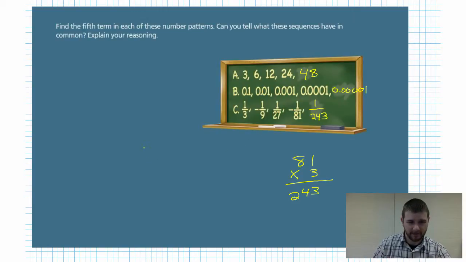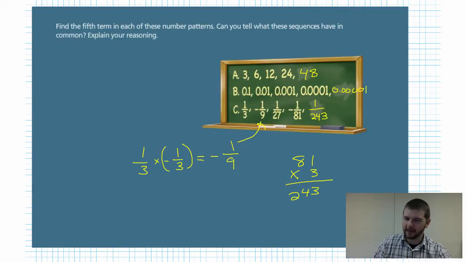1/3 times -1/3 does equal -1/9. Notice that's our second term.